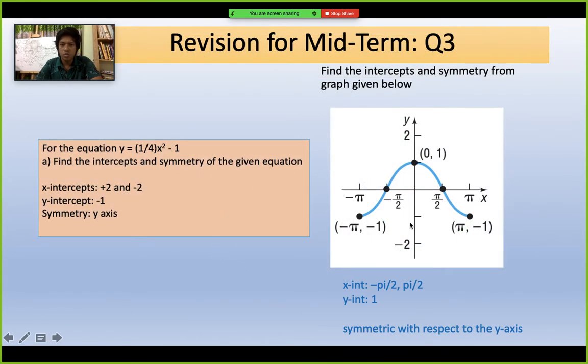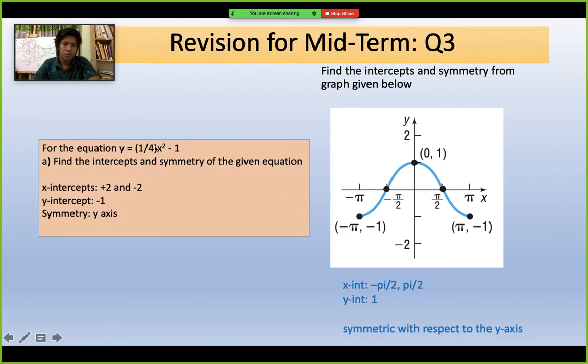This is also almost the same topic: how do you find the x and y intercepts and symmetry from the given graph. This one and this one are the x-intercepts, this is the y-intercept, and this graph has y-symmetry.